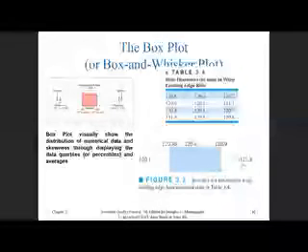Here are the quartiles, the maximum and the minimum. Here is the median, and here is Q3, which is 75% of the data collected, and here is the 25% of the data that comes under 120. And here is the minimum quartile of the data and the maximum quartile of the data.